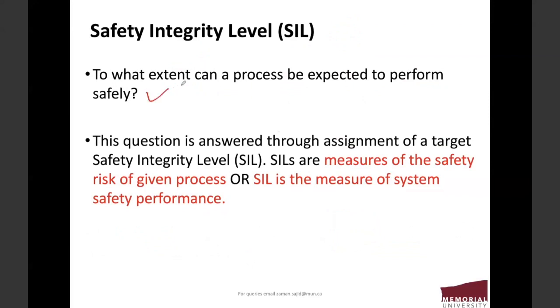This is what we learn from our SIL. This question is answered by the assignment of a target safety integrity level. We will work on some numericals and see what the target safety integrity level is. SIL is the measure of the system safety performance. Again, this is associated with a function, not a system.